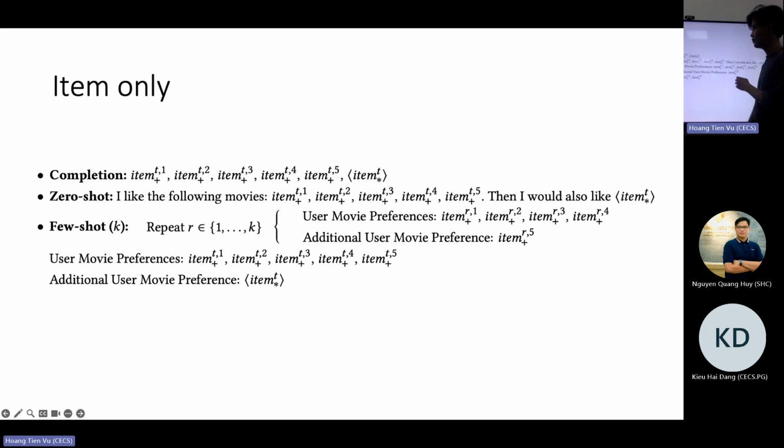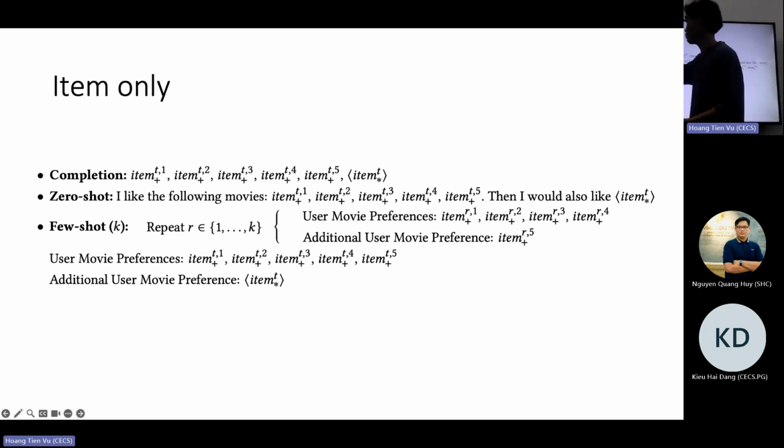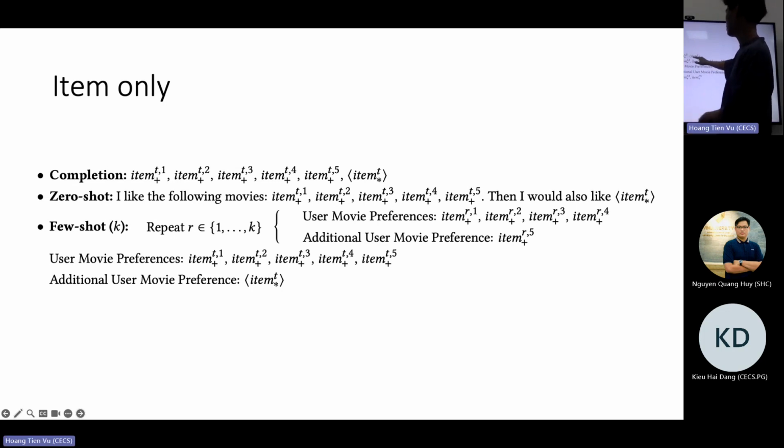So the input of the large language model in this case is the five special tokens about these defined items, and after that the output is the rating of 40 movies that the user will like. We will predict it, we will rate for these 40 items.